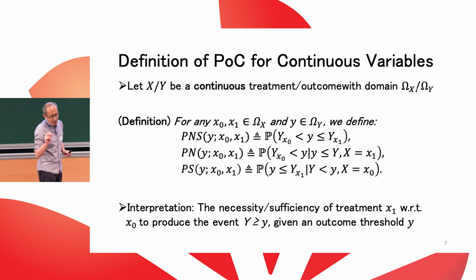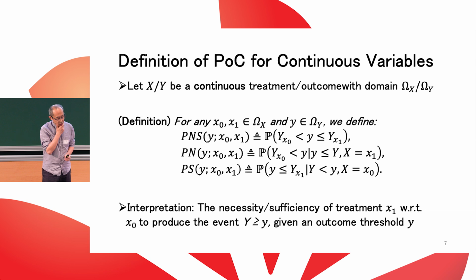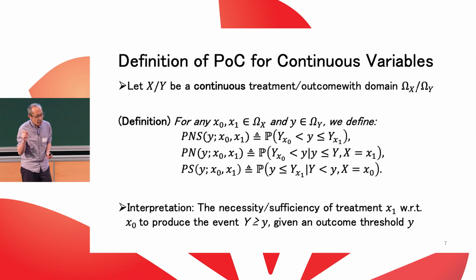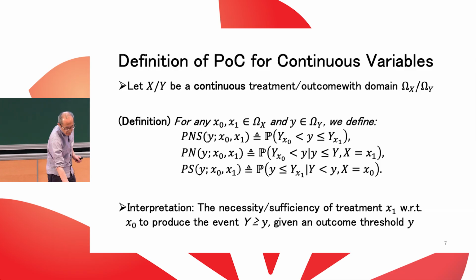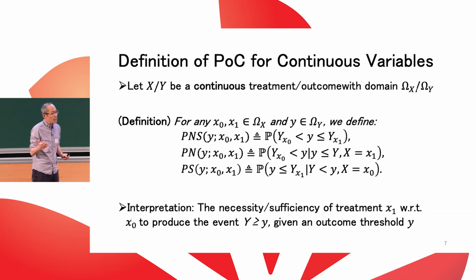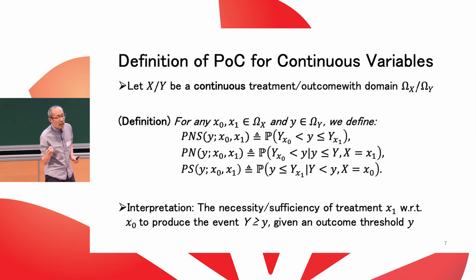The intuition is that we introduce a threshold. This lowercase y says we now consider the necessity and the sufficiency of treatment x1 versus treatment x0 to produce the event that outcome y is larger than a certain threshold y.